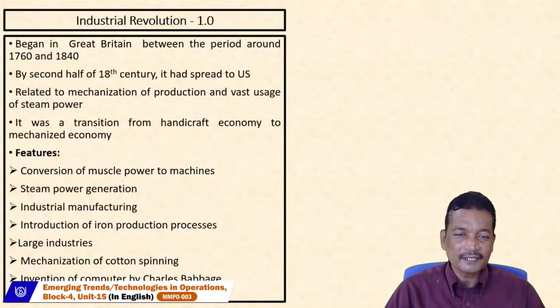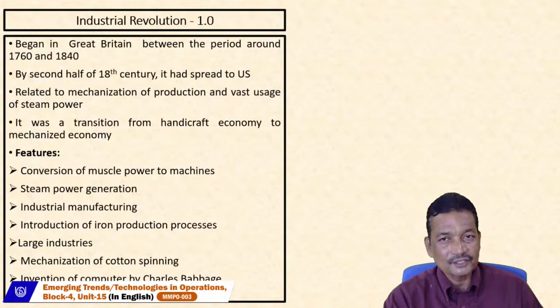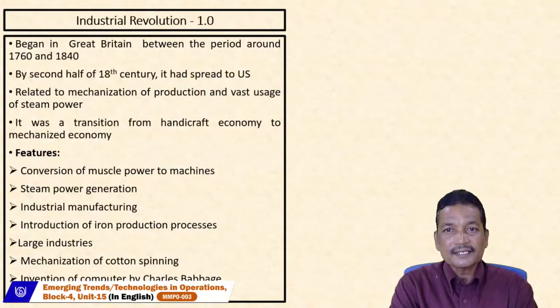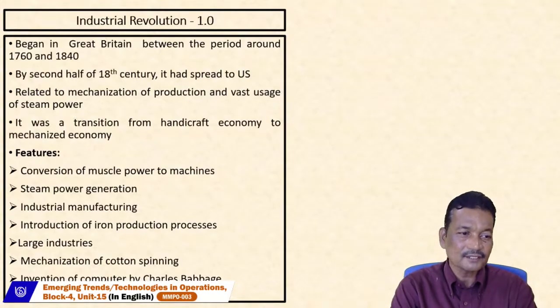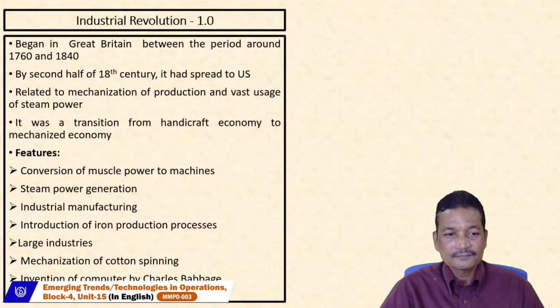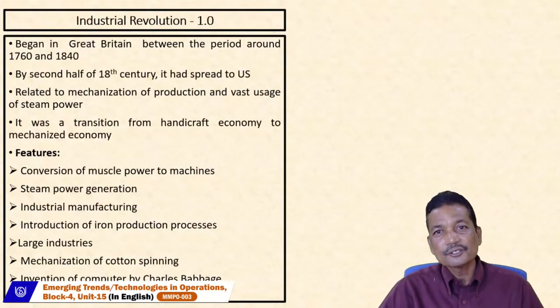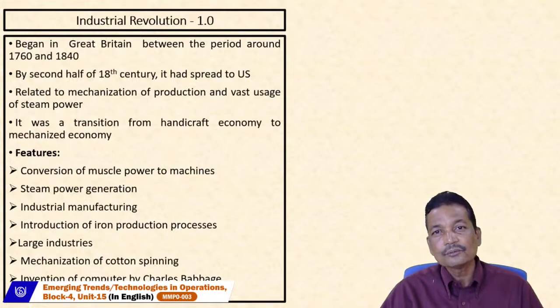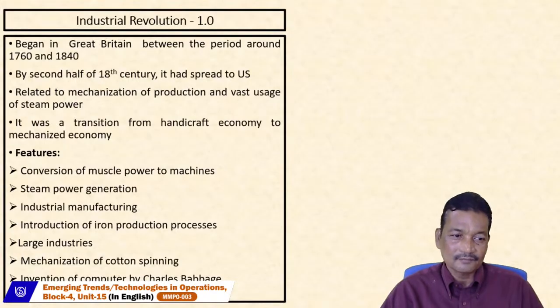So, cotton spinning mechanization was there in the industrial revolution. One of the most important things that came up during the first industrial revolution was the invention of the computer by Charles Babbage. He used machines, and the machines were using the punch card technique in order to compute various information.